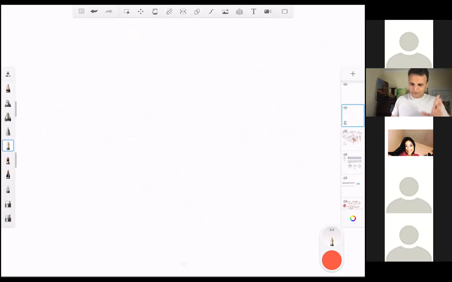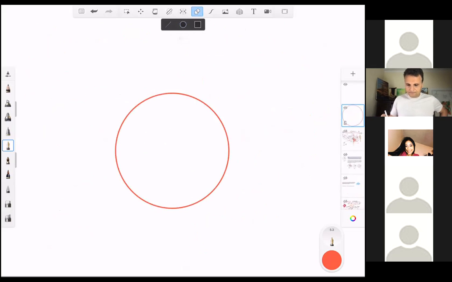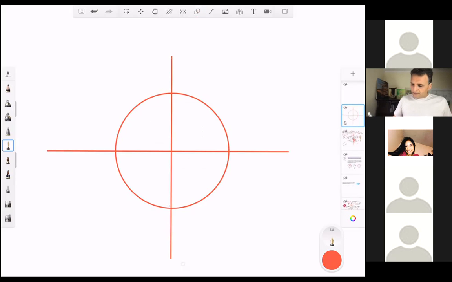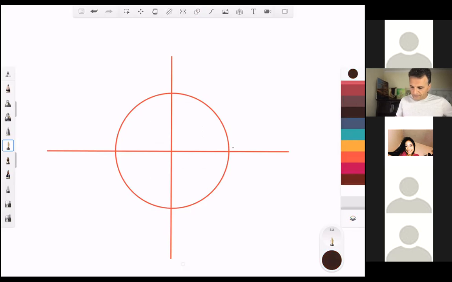What is new? Okay, let's go to the unit circle. So on the circle here, we have 0, pi half, pi, 3 pi half, and 2 pi.